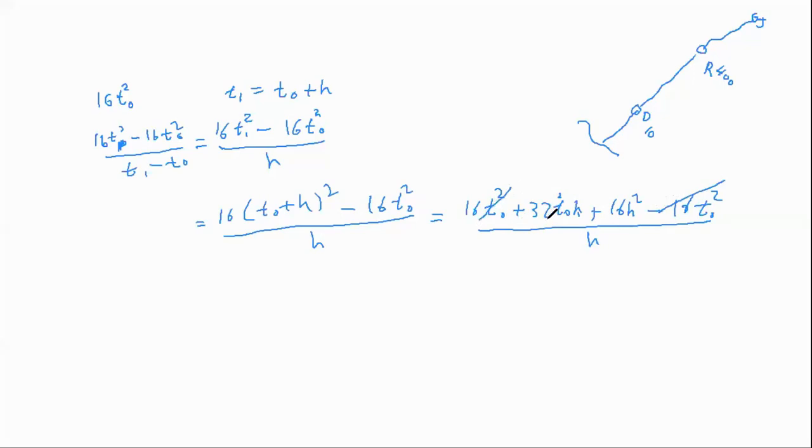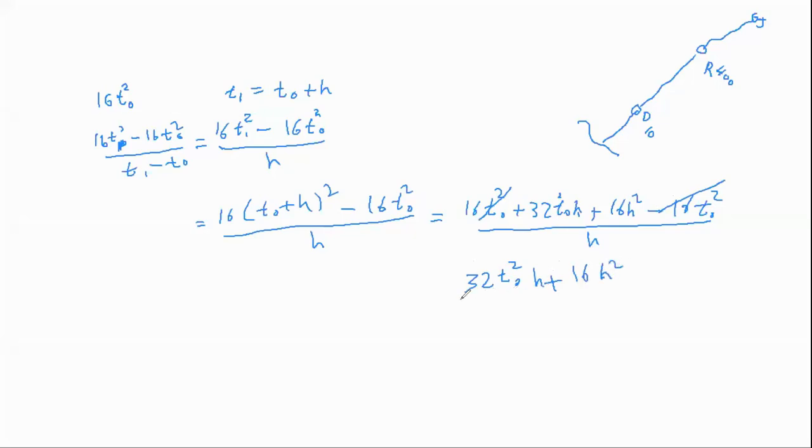So what are we going to be left with? 32 t0 h, right? So we'll be left with 32 t0 h plus 16 h squared, all divided by h, right?